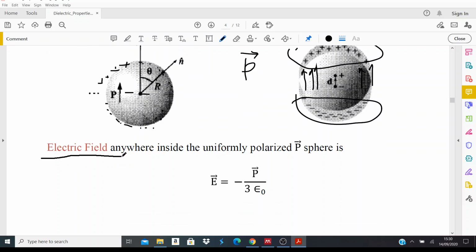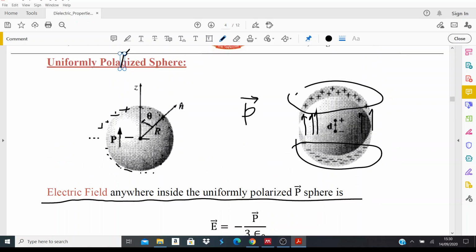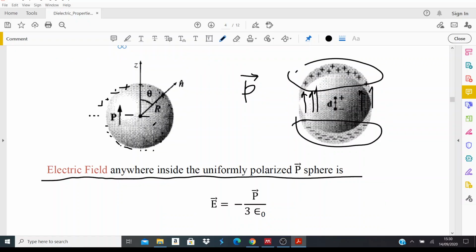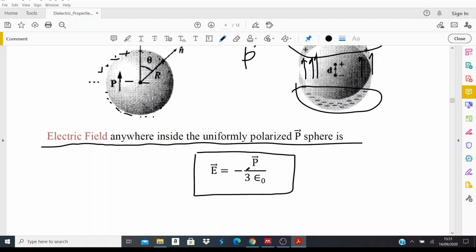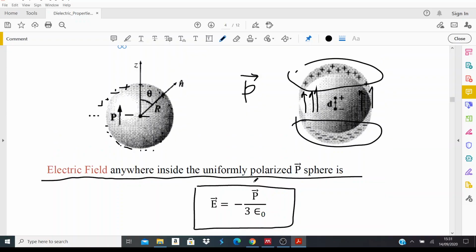And the formula to use is that the electric field anywhere inside the sphere is uniform, so it has the same value, and the formula is that E is equal to minus P over 3 epsilon naught, where P is the polarization and epsilon naught is the permittivity of free space, right? This is an important formula that will be useful, as we will see in lectures to come. So for a uniformly polarized sphere, the electric field inside that sphere is minus P by 3 epsilon naught.